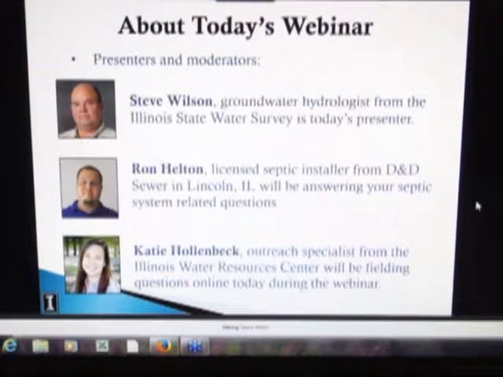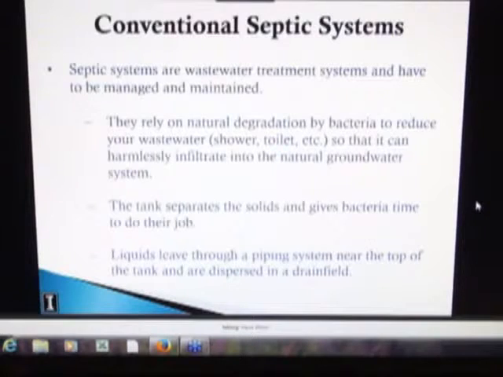So with that, the talk is mostly about conventional septic systems, where it's a wastewater treatment system. Like anything else, it needs to be maintained and managed. What it basically does is rely on the natural degradation by bacteria of our waste to break that down and allow it to go into the soil and into the natural system.